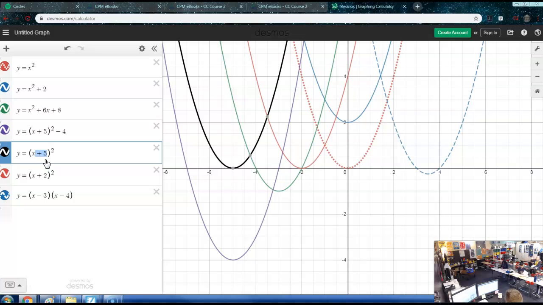That's how far over it goes. So we already said to shift vertically, we add a constant onto the end of our equation.